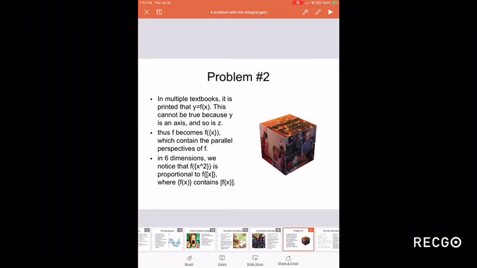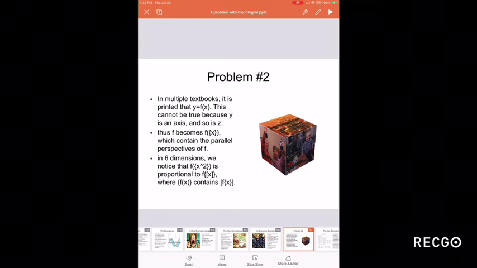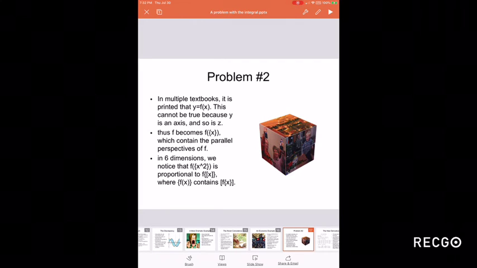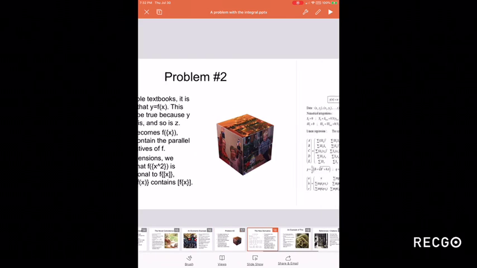There is a second problem in the books. In multiple textbooks, it is printed that y equals f of x. This cannot be true. It is confusing because in an axis, so is z. Thus, f becomes f of a set of x's, which contain the parallel perspectives of f. In 6 dimensions, for example, we notice that f of x squared is proportional to f of a set of x's in x, where the set of f of x's contains the set of f's for a set of x's.